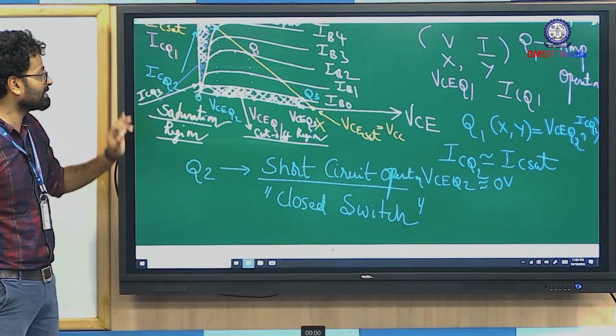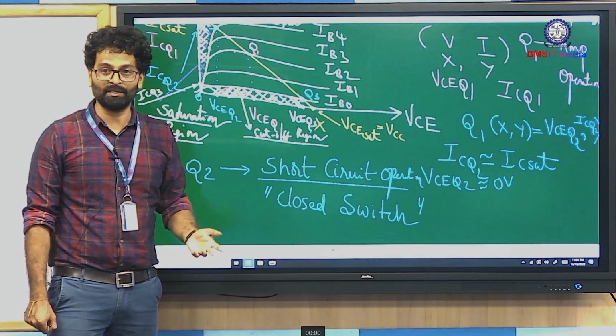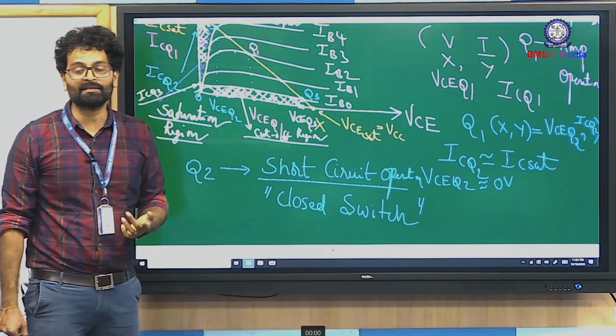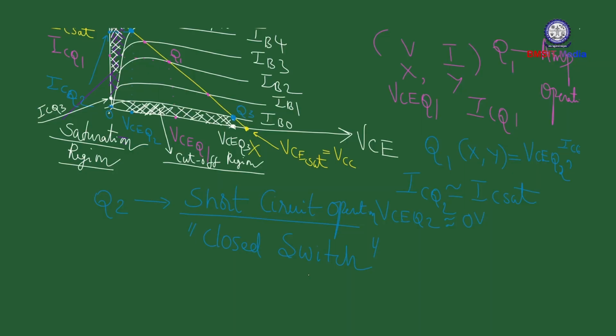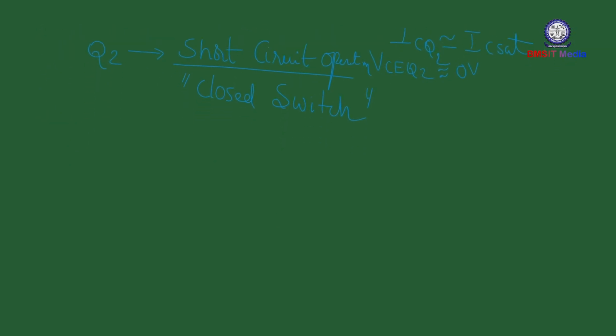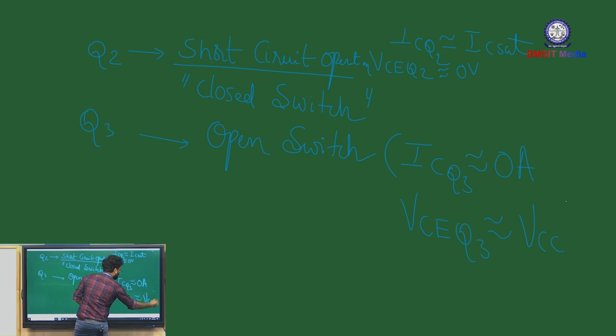So current is 0, voltage is maximum. Which condition does it mimic? It mimics the open circuit condition or open switch condition. So if you fix the Q point at Q3, you would expect the transistor to operate as an open switch. As I mentioned, open switch is analogous to 0 collector current and maximum voltage.